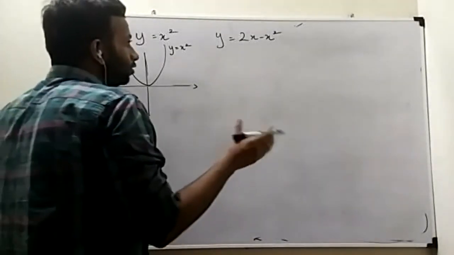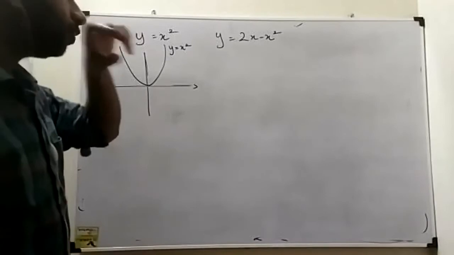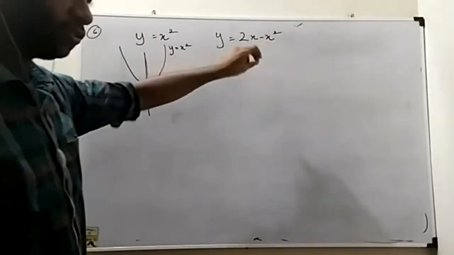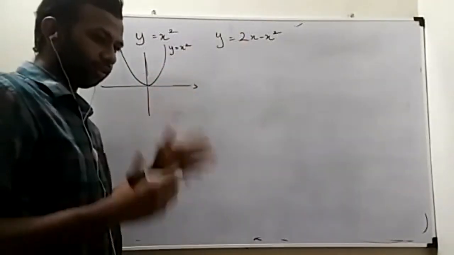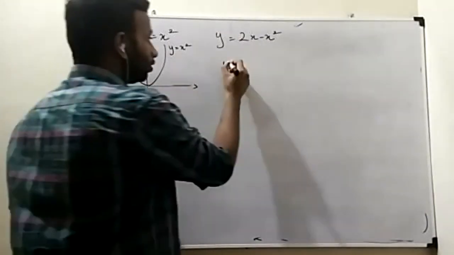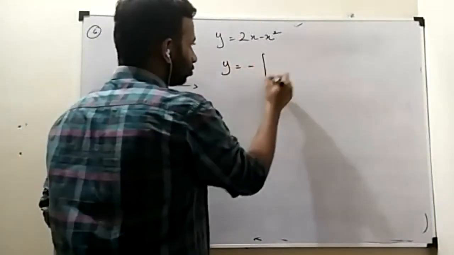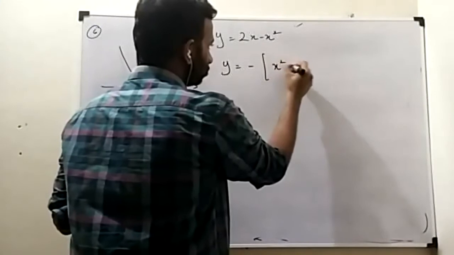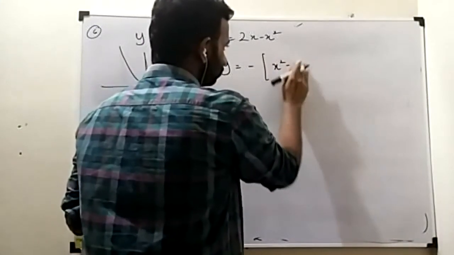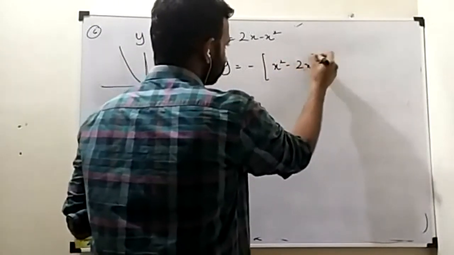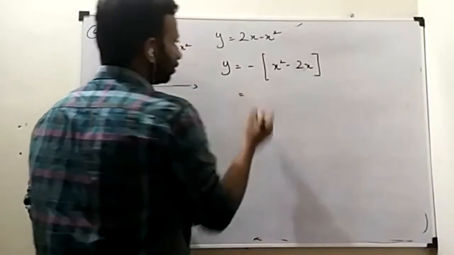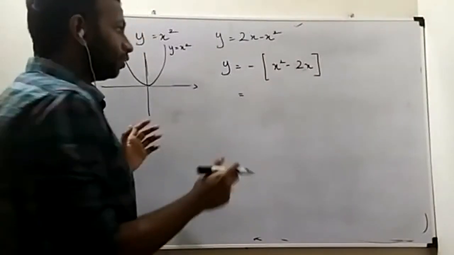What you do is you complete the square for this one. Before completing it, you can see this is minus, so I just take the minus value out, so it will be clearer to do. So let's take y minus minus, so it will be x squared minus 2x. So how do you complete it?